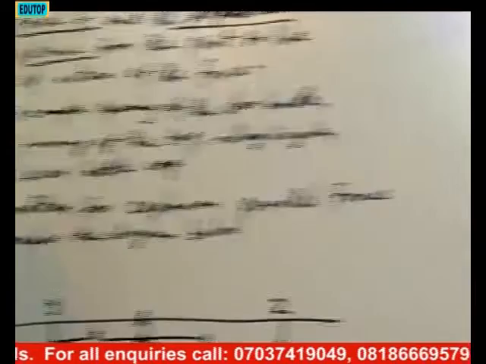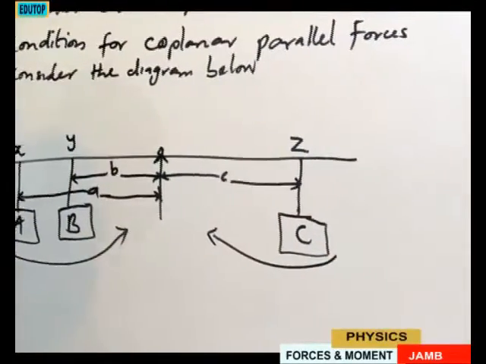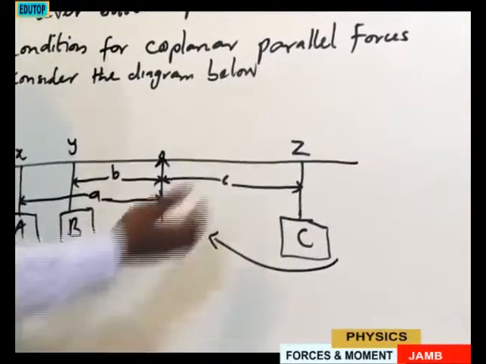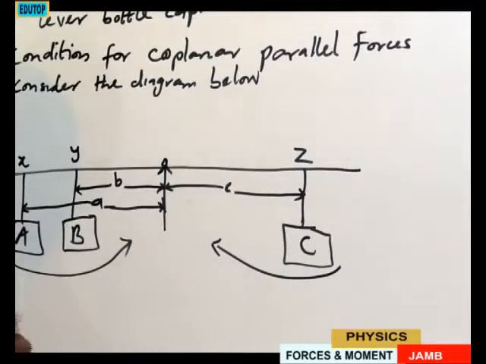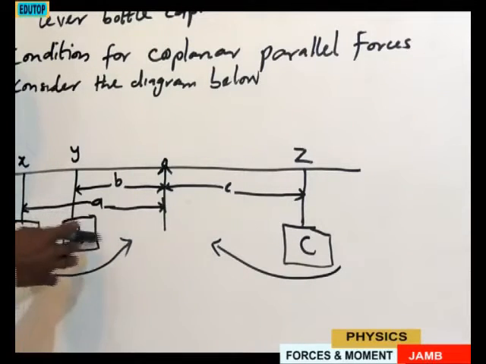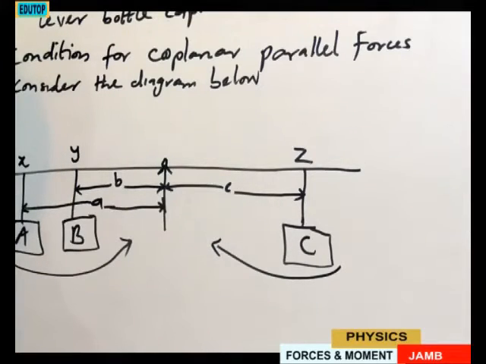Let's consider this diagram. This diagram is a critical case of a body. For example, you can take this body as a uniform meter rule, or a rod, that has forces acting on it. We have force A, force B, force C, or we can take them as weights or masses.